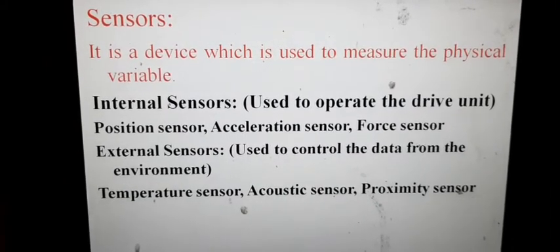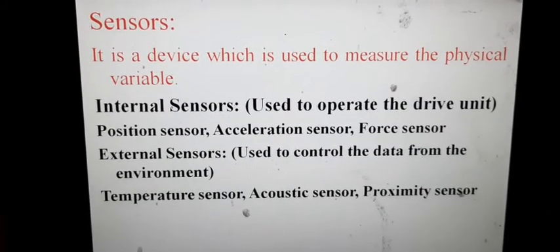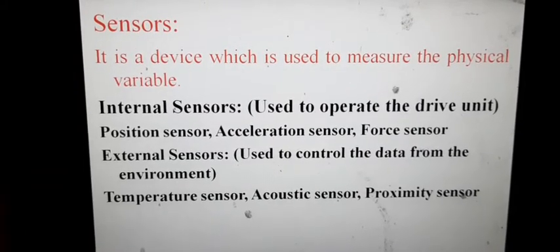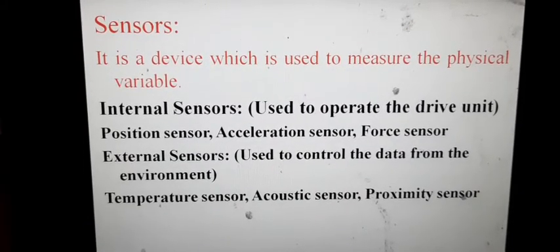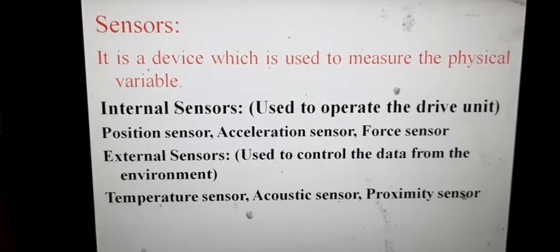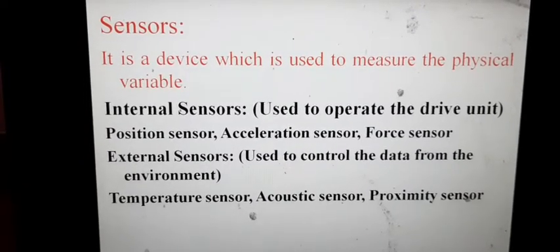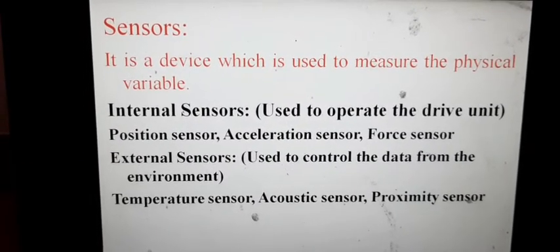Basically the sensors are of two types. It may be an internal sensor or an external sensor. An internal sensor we attach to the device of which we are collecting some information.